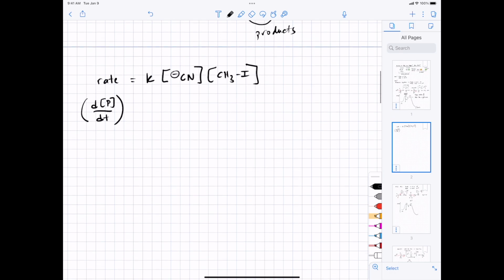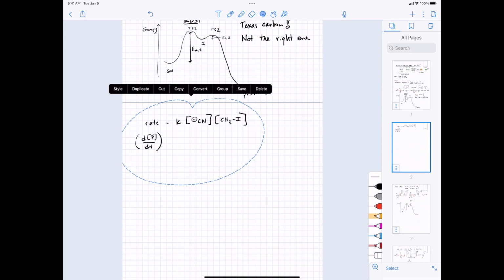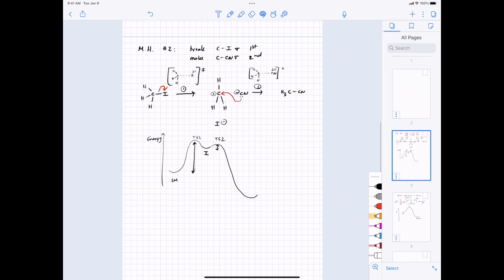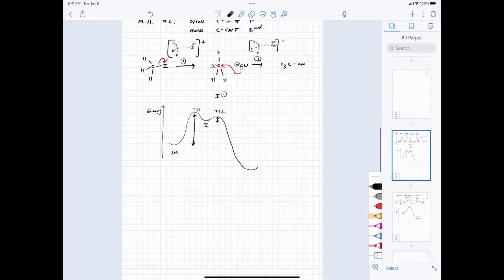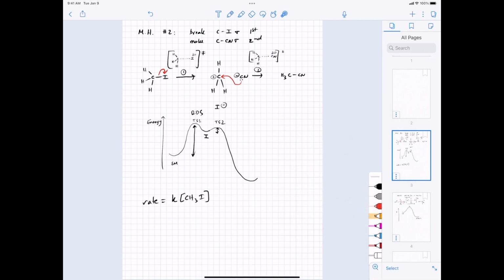Okay, so the idea of thinking about what the rate law would be and comparing it is going to be useful for distinguishing between mechanistic hypothesis 2 versus 3. So we would predict for the rate determining step for hypothesis number 2 that the rate would only depend on the concentration of methyl iodide, because that's the only thing involved in the rate determining step.